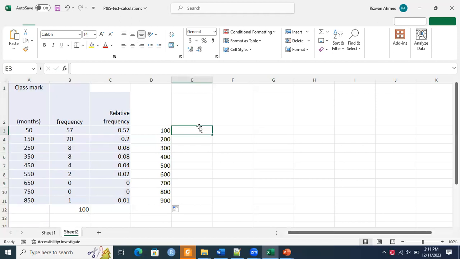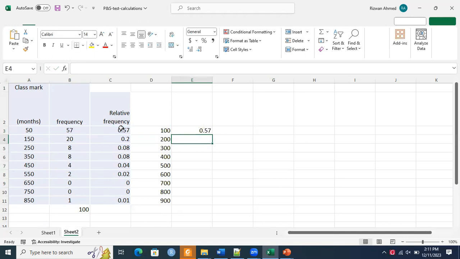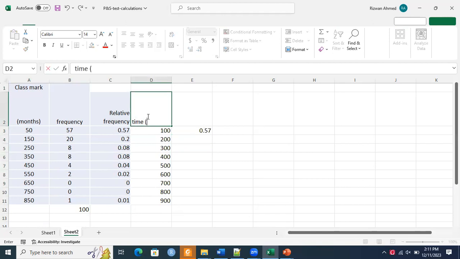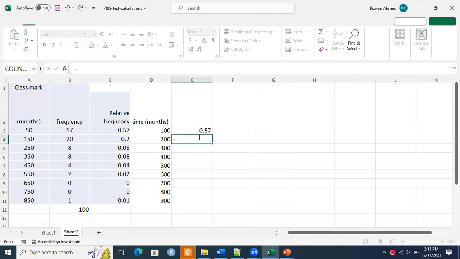And if I go for the cumulative distribution, how the probabilities were added to the next classes, if I take the first value as such, this is the time value in months and the upper limit of the class. And here, how many bulbs have performed a lifetime up to 200.